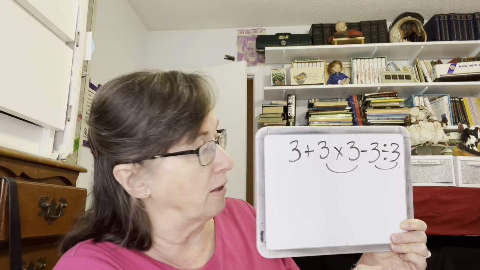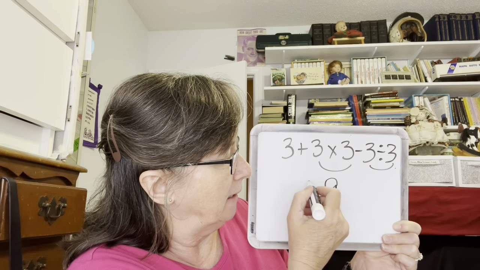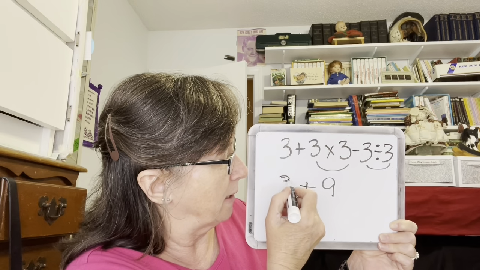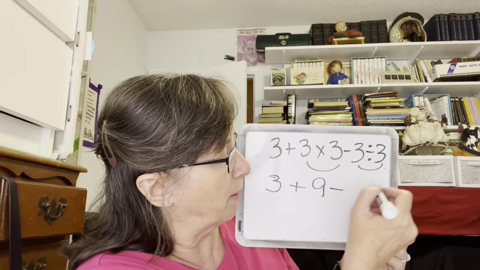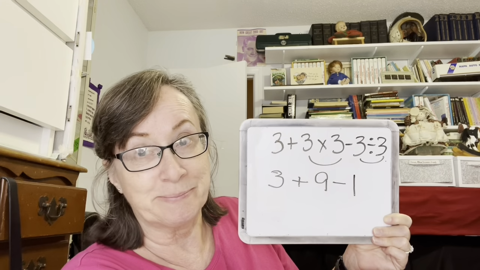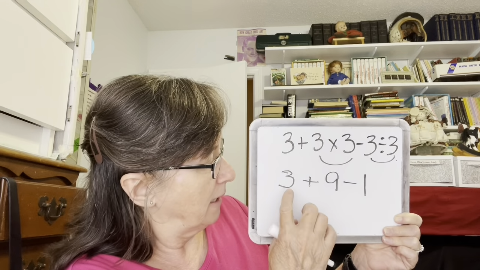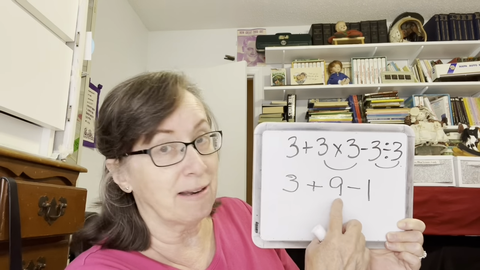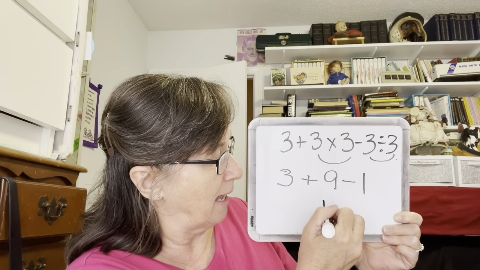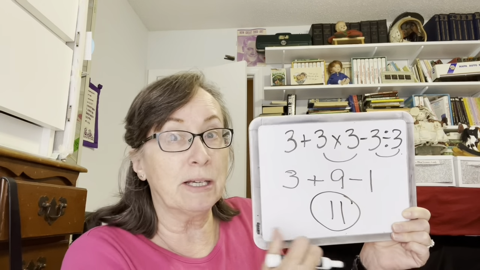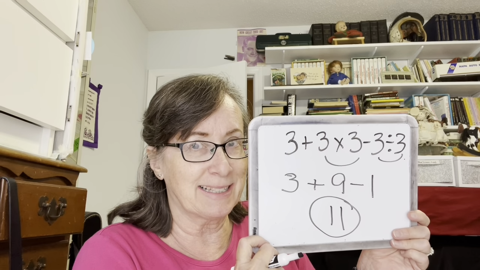So I have to do those first. 3 times 3, that's 9. So I'll go ahead and write the rest of this over here. Minus 3 divided by 3 is 1. So now left to right with addition and subtraction. 3 plus 9 is 12. 12 take away 1 is 11. So using order of operations properly, this expression is 11.